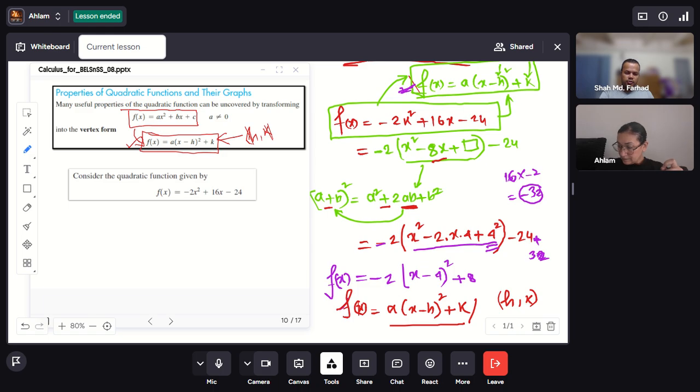Now if we compare this to this, what will be the vertex point? The value of h will be 4.